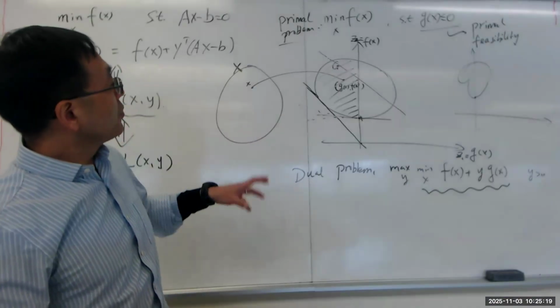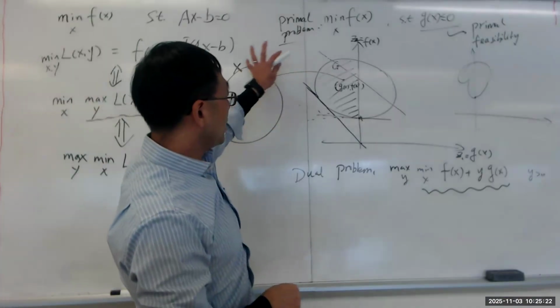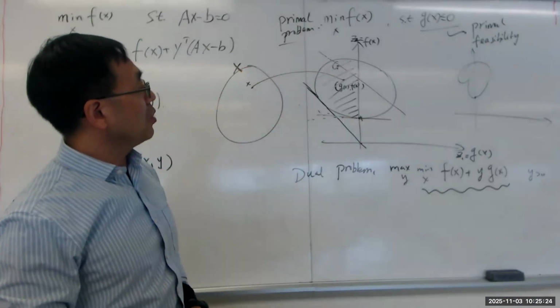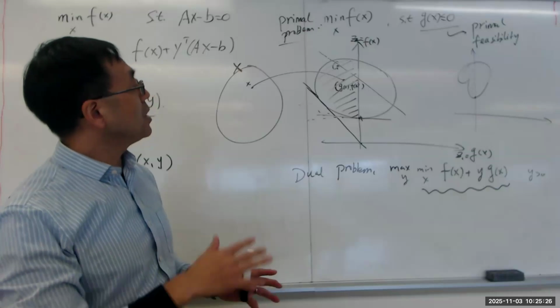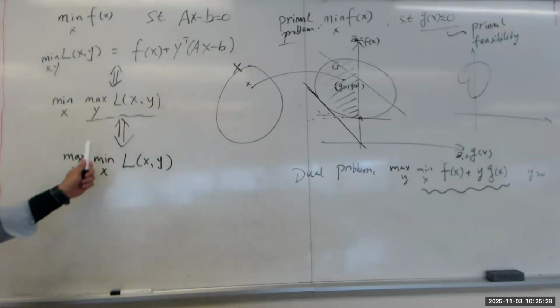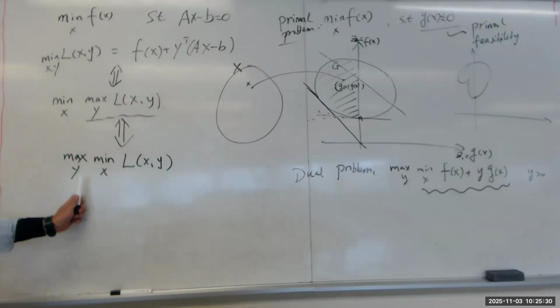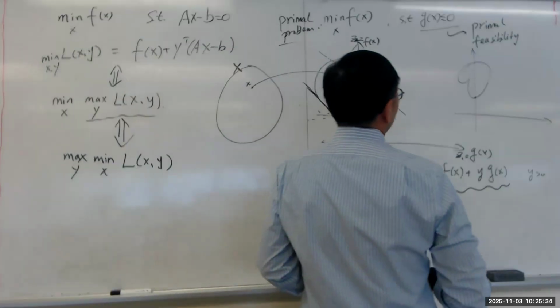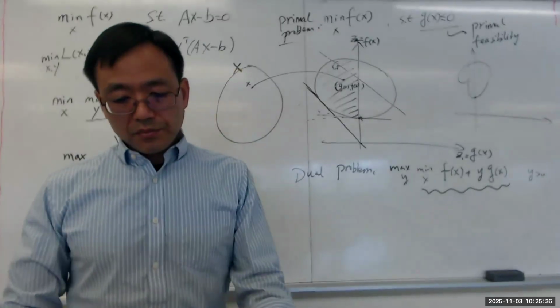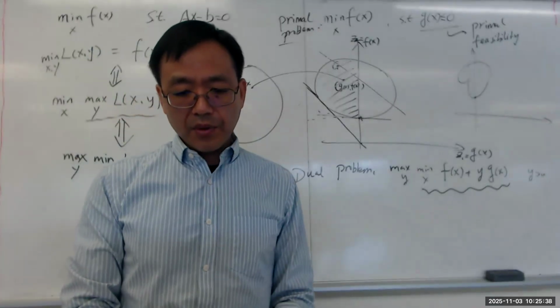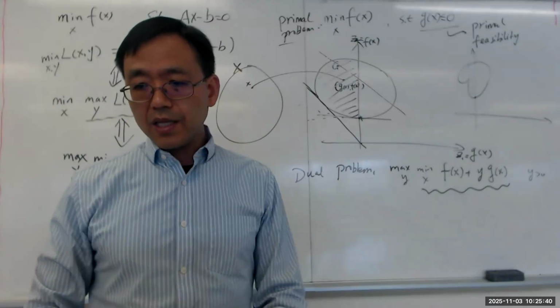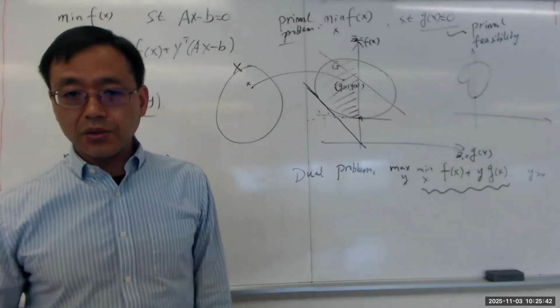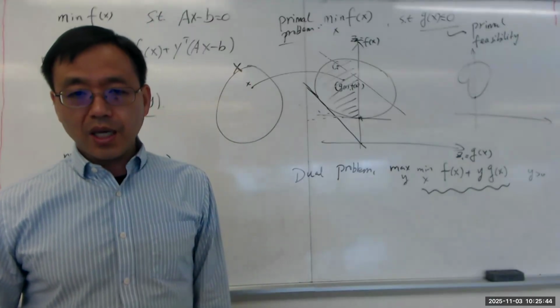Okay, the argument I give you here is mainly to show you there are scenarios where this minimax problem is actually equivalent to this max min problem. Okay, so the equivalent problem. Hopefully this can give you some idea when you go back to this slide.